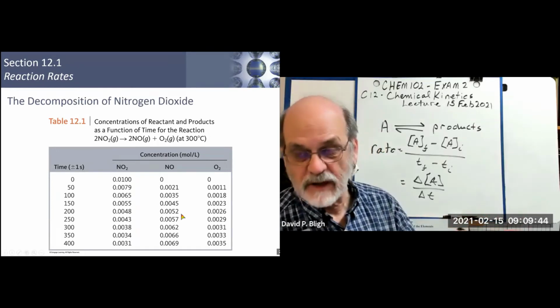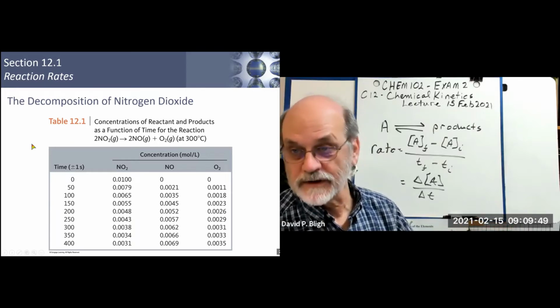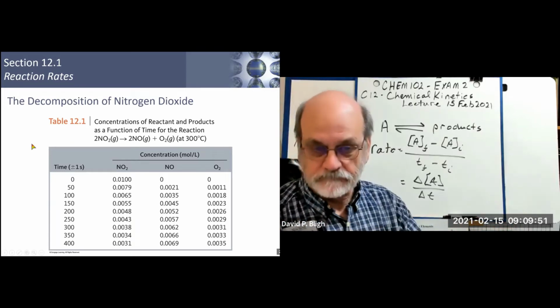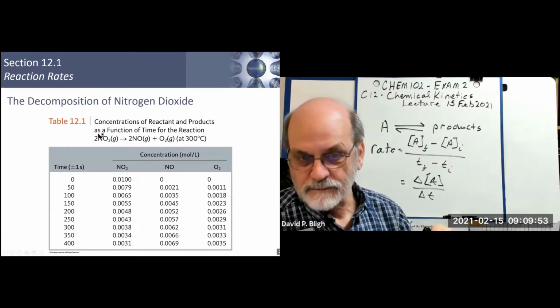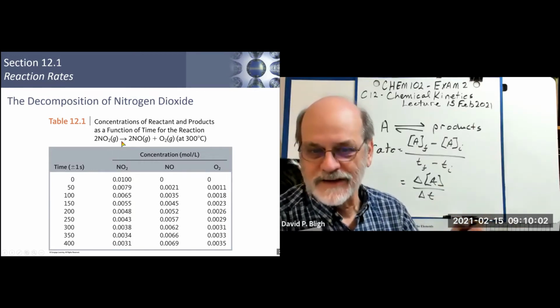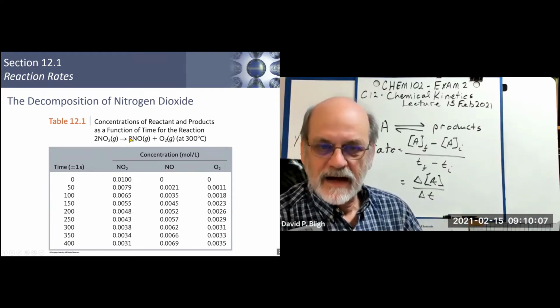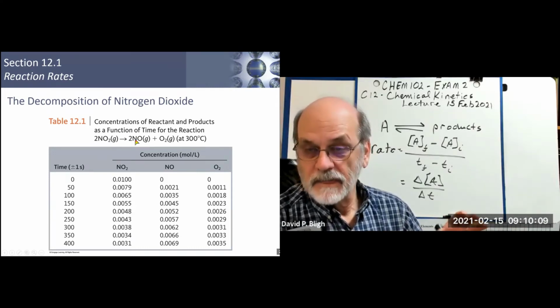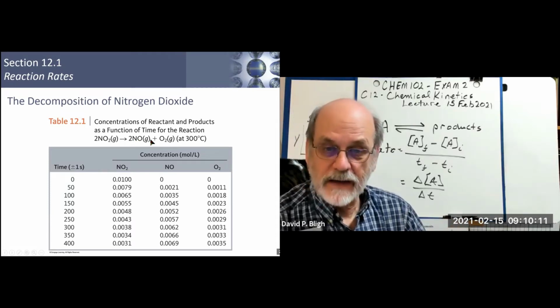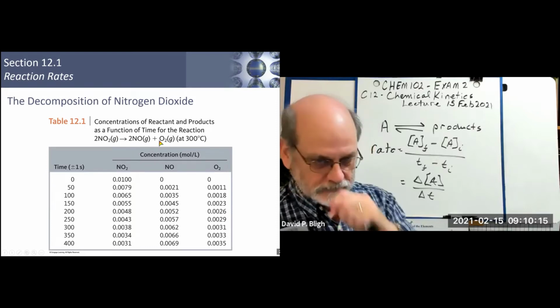Here's a data set. I pulled it straight out of the textbook. Table 12.1, the first table in the chapter. And it's referencing this balanced equation, right? 2 moles of nitrogen dioxide gas. Oh, look, all of these are gases, but we're still going to talk about them in terms of moles per liter. And that yields 2 moles of nitrogen monoxide plus 1 mole of oxygen, right? And this is a balanced equation.